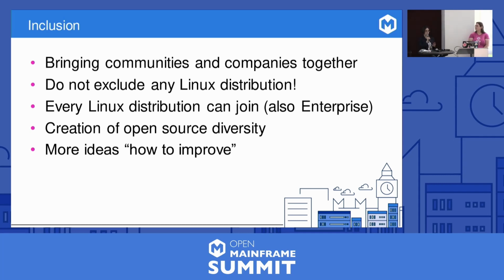That is also what we want to communicate to the outside. We want to integrate every Linux distribution and show that everybody can join. With that, we create open source diversity. This way, we also receive more ideas on how to improve our software and do things better.